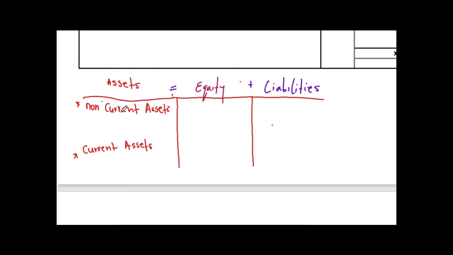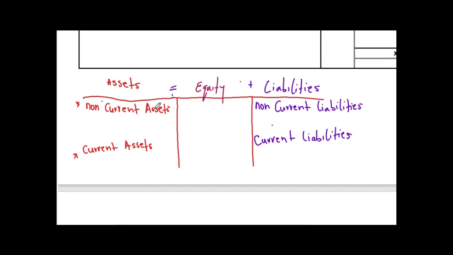Meaning, as we said, under assets we have current assets and non-current assets, and under liabilities we'll have non-current liabilities and also current liabilities. And this is our structure.